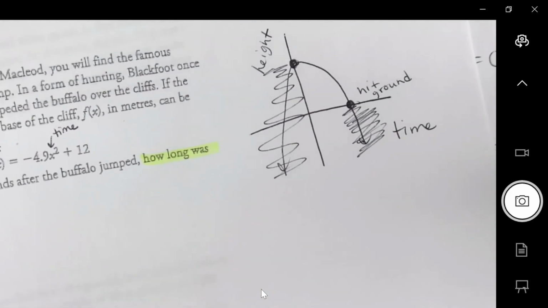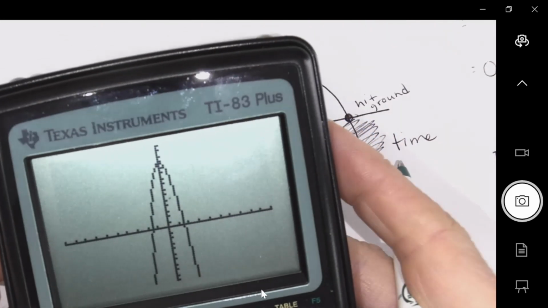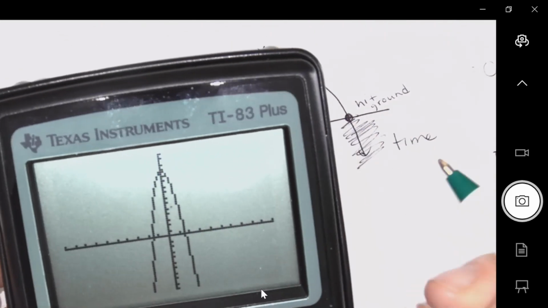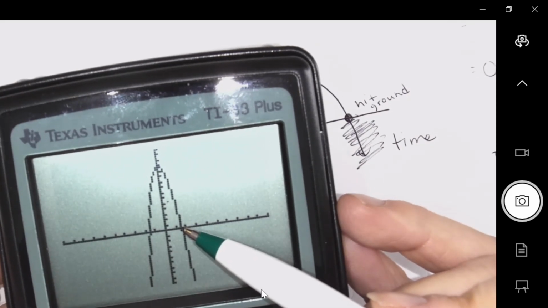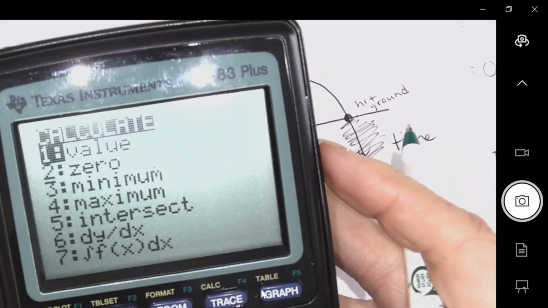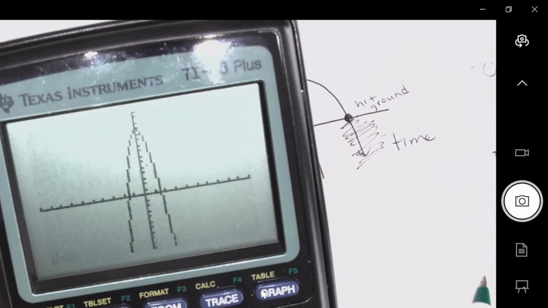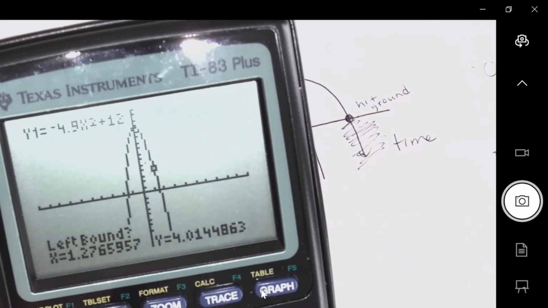What kind of coordinate would I want to find? Which coordinate would I want? I want this right there. Okay, what is it called? Second trace, zero, left, right.